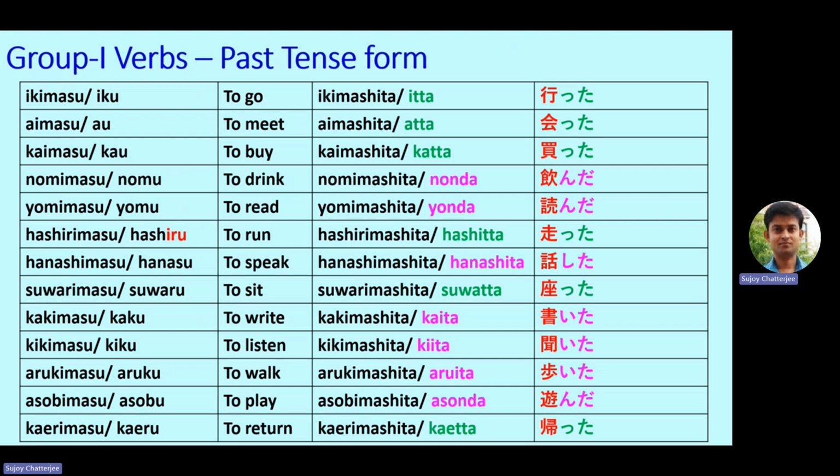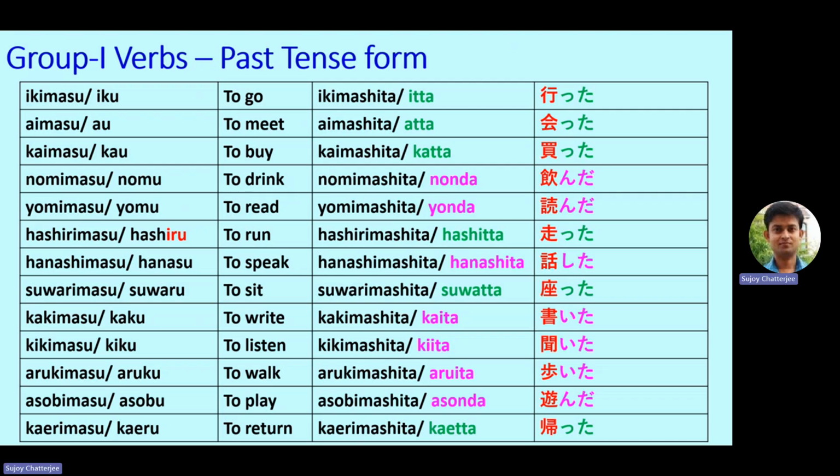Nomu, nomimasu, nomimashita, nonda. The exceptions have been highlighted in pink color, and the generic rules governing past tense forms are written in green characters. That means those follow the usual rule, but the pink ones do not follow the generic rule.